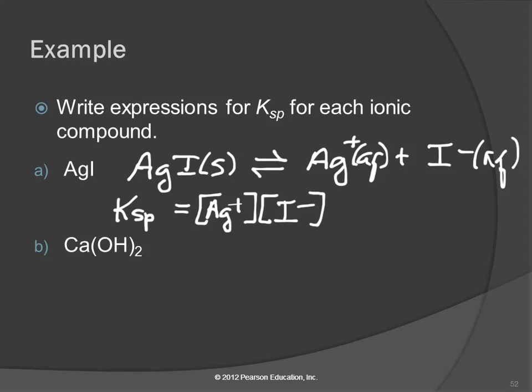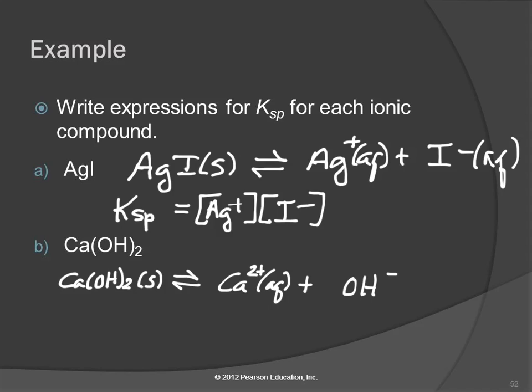What about calcium hydroxide? What's the chemical equation? What are the two ions? Calcium ion. Calcium has a 2+ charge. And then we have hydroxide. We have 2 hydroxides. This subscript here, there's 2 of them. So when this comes apart into ions, we get 1 calcium ion and 2 hydroxide ions.